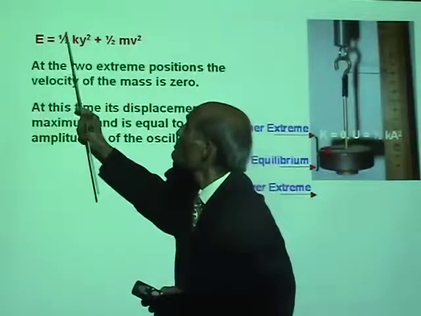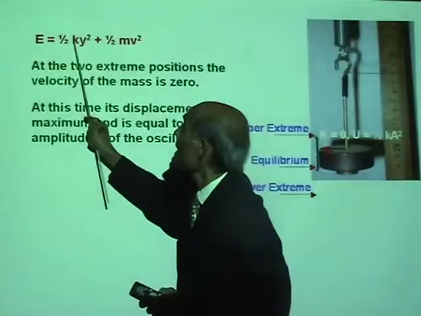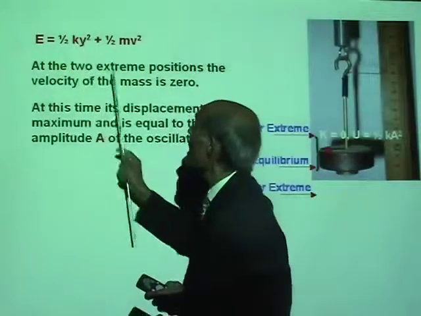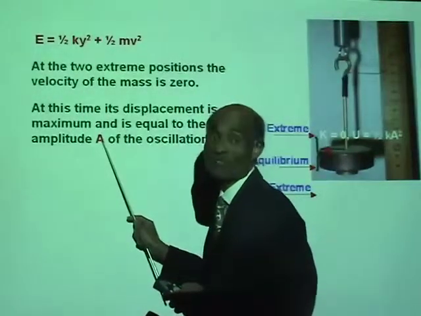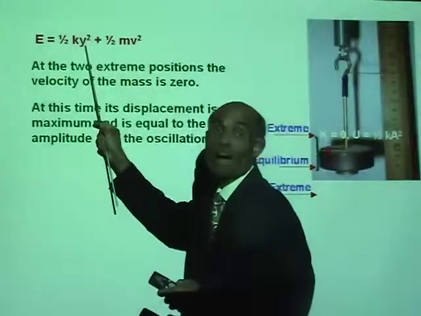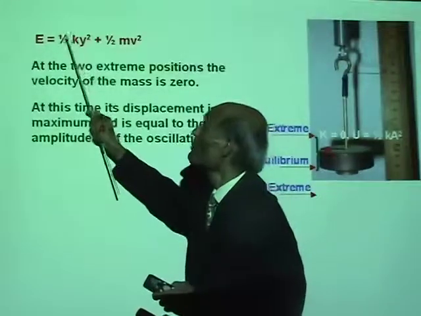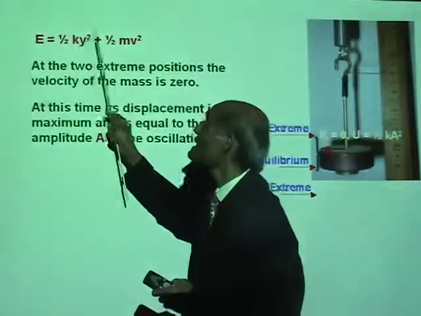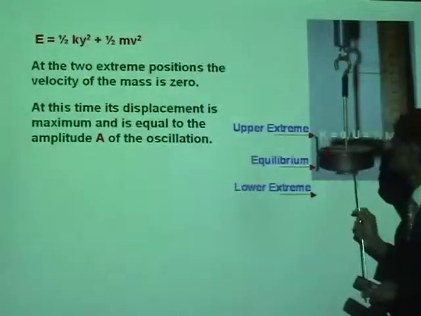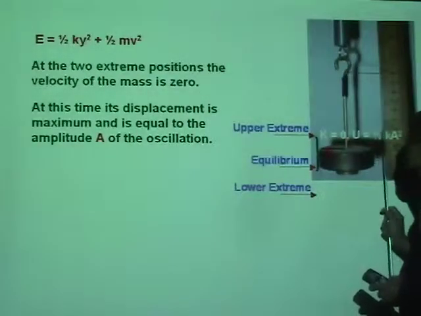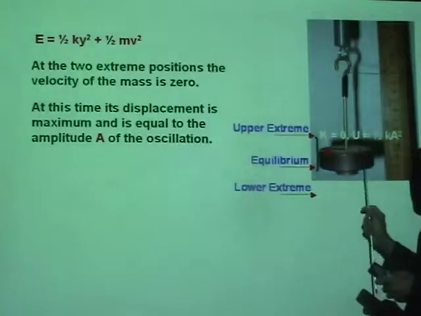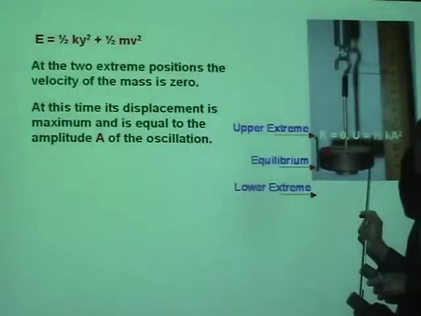The potential energy will be 1/2 k. In place of y, I will use A because at that time, the value of y will be the amplitude, will be 1/2 k A squared. The potential energy U equal to 1/2 k A squared. I hope you can read that in the recording.